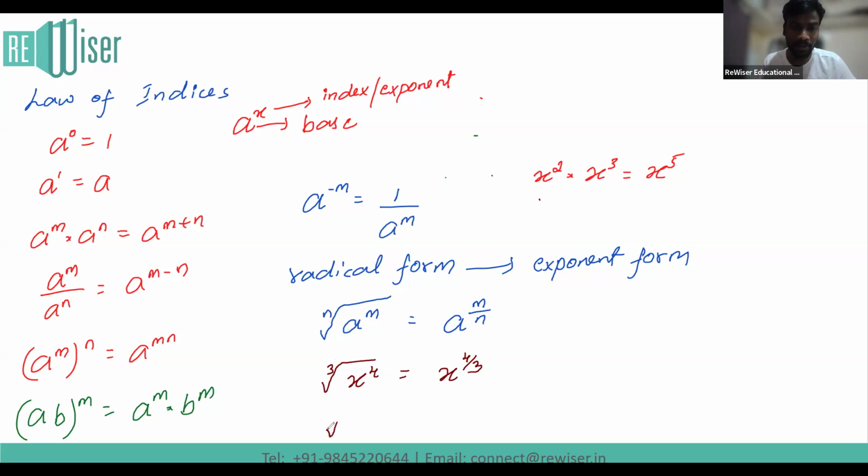And even if I have the square root of x cubed, where there is no number on this radical, by default you have to take it as 2 because it's a square root. So this can be written as x to the power of 3 over 2. And these are the rules that you should be aware of under indices.